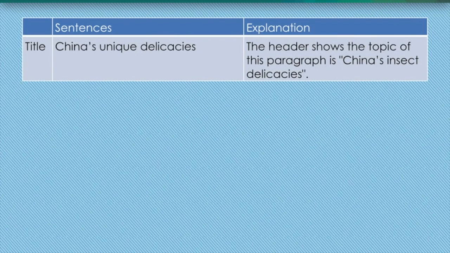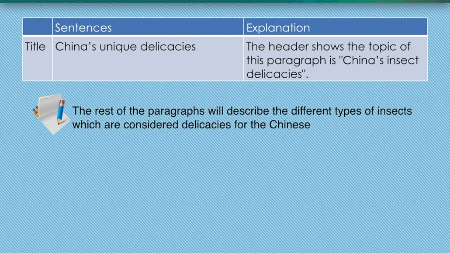In this paragraph, the topic is clearly stated in the header or the title. The header shows the topic of this paragraph is China's unique delicacies. The rest of the paragraph talks about the different types of insects which are considered a unique delicacy for the Chinese.